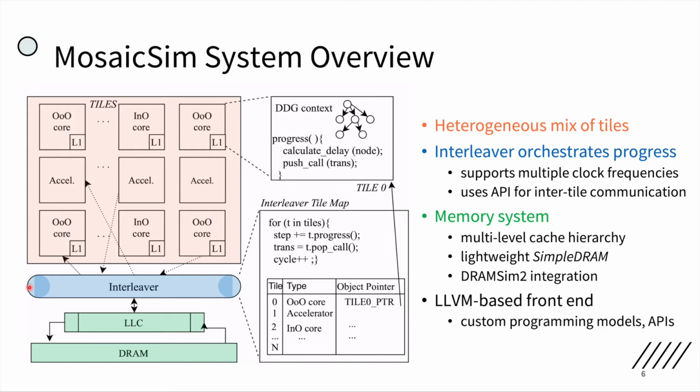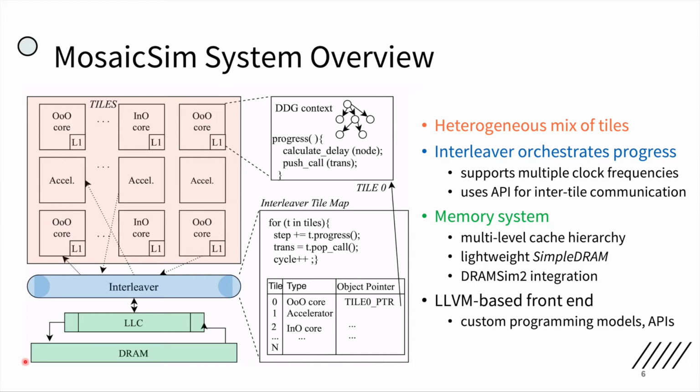The interleaver also supports communication across tiles using a special API. MosaicSim comes with a special memory system that includes a multi-level cache hierarchy and a lightweight simple DRAM model. The simple DRAM model captures the effect of latency and bandwidth constraints, but doesn't model the finer microarchitectural details that many applications might not be quite sensitive to.